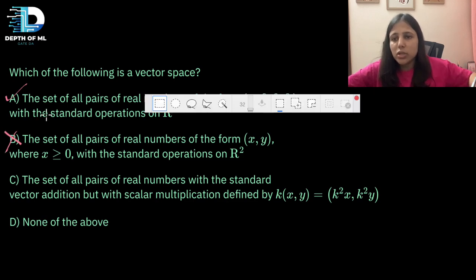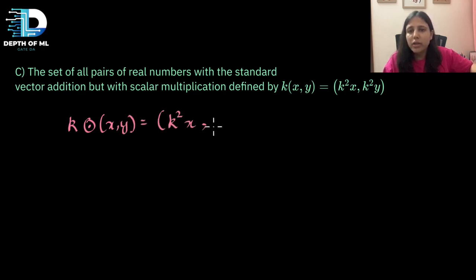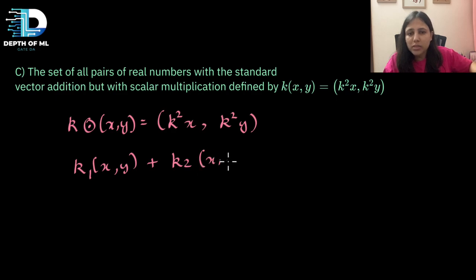Now let's check the C option. Now in this option, what we have is that the scalar multiplication has been redefined. So suppose that k is the scalar and you are multiplying it with the vector (x, y). So the way you are now multiplying is you are doing (k² x, k² y). Okay. Now this is easy to see. So let's see this combination. So suppose I am doing k1(x, y) plus k2(x, y).